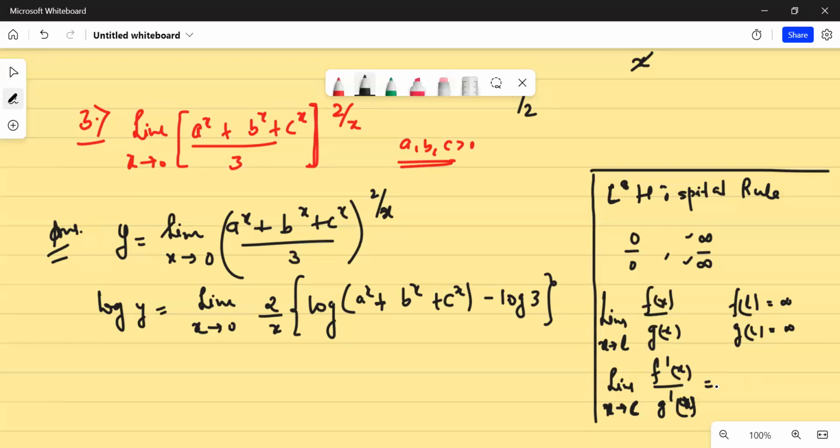But if you again get infinity by infinity, you have to separately differentiate the numerator and the denominator until you get a non-0 by 0 or non-infinity by infinity limit. Is that clear? Yes, sir.